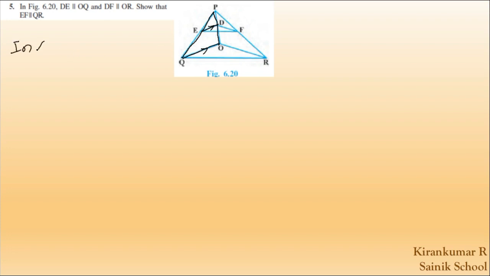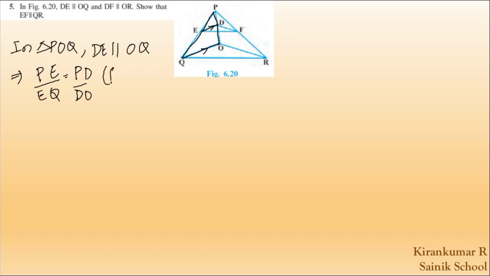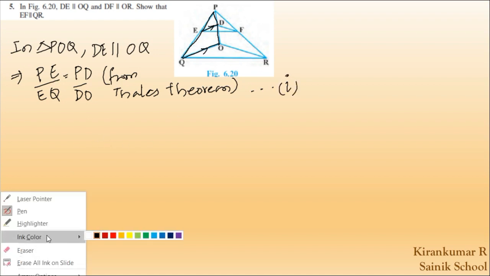So in triangle POQ, since DE is parallel to OQ, I get PE upon EQ equal to PD upon DO. This is from Thales' theorem. Let me name this as equation 1. Now I'll change the color.